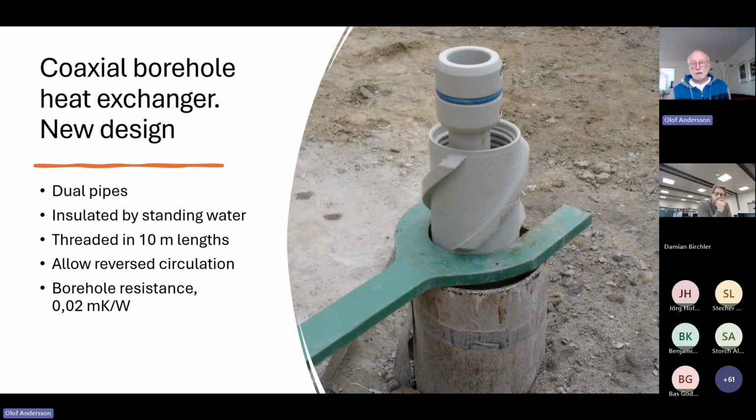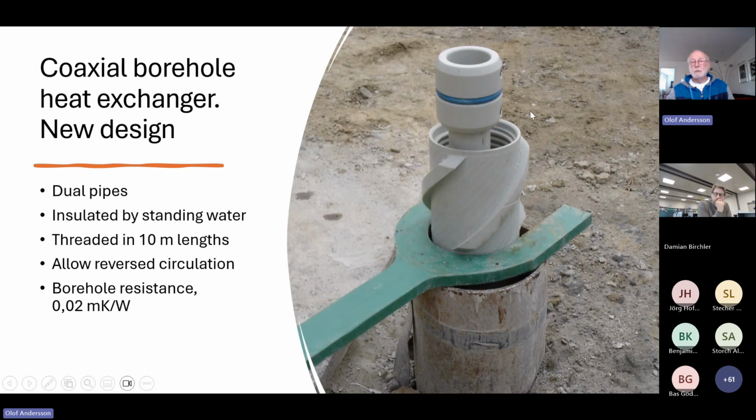And then the fluid outside that has a direct contact to the rock will lose its energy gradually till it comes up here.